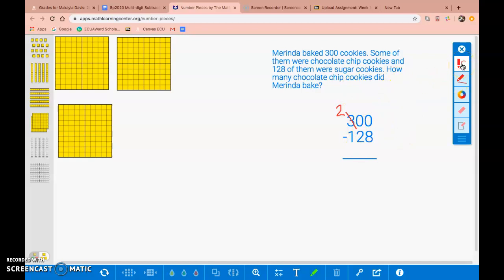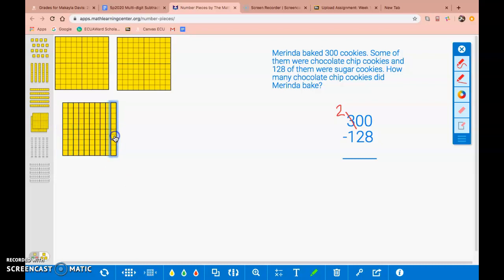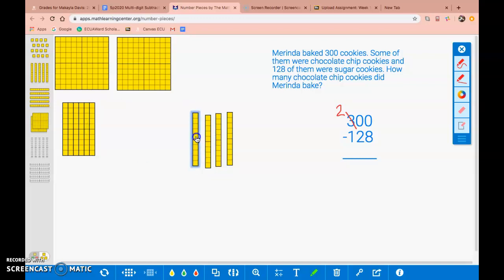And what does that look like using our blocks? Okay, so we're going to move all of these over and group them into groups of 10 standing alone.